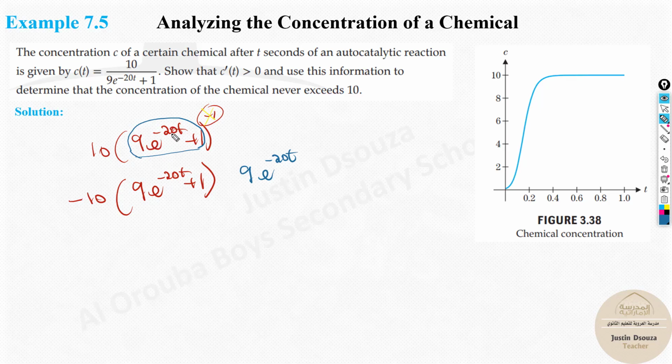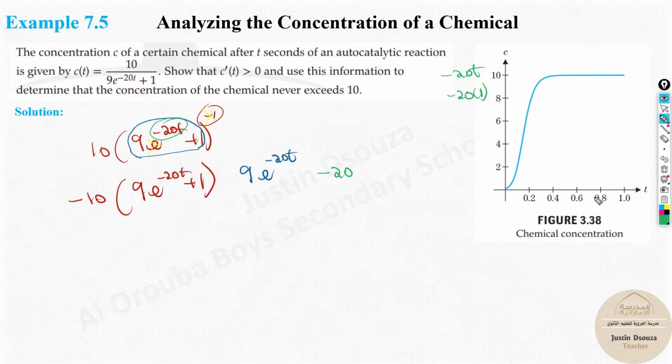But now whatever is up must be derived. What is up? It's a chain rule, right? There are so many chains. Now I will derive that. It will be minus 20. Why minus 20? Minus 20t derivation will be just minus 20. T will become 1. This is the derivative.